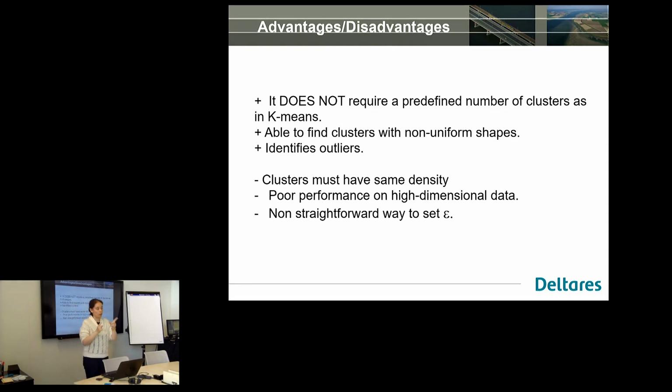This is something important for you guys to keep in mind: the more dimensions you have in your data set, dimensions meaning features, the more scattered the data points are going to be.